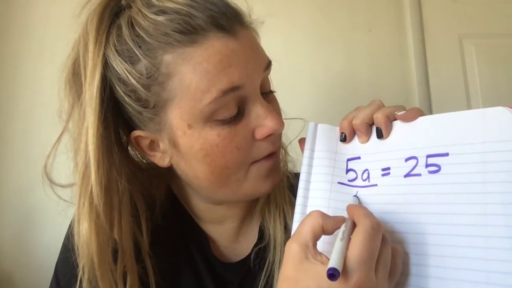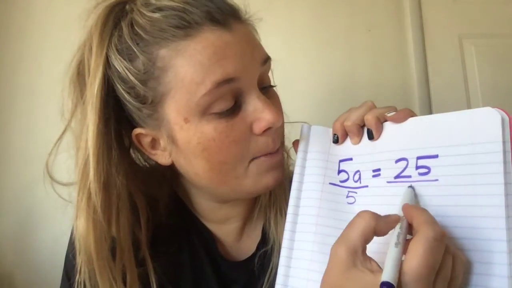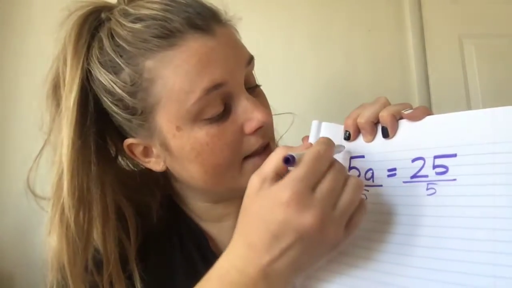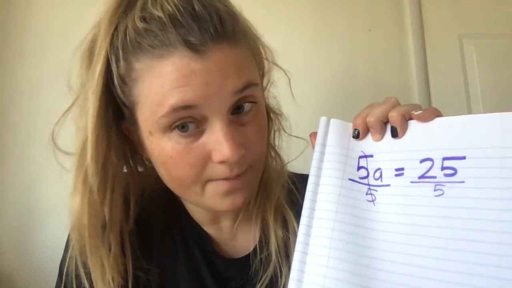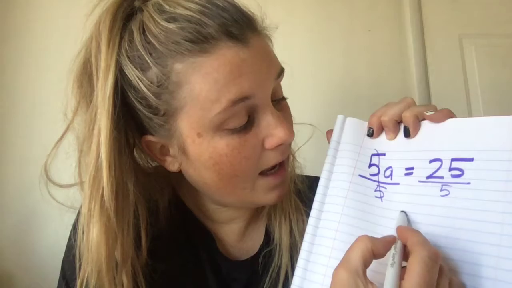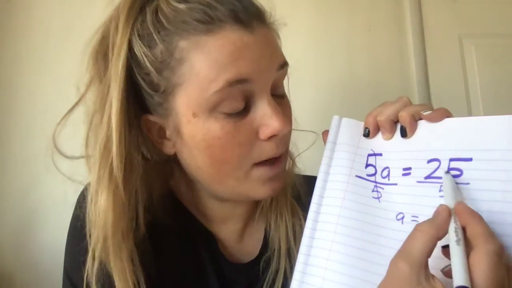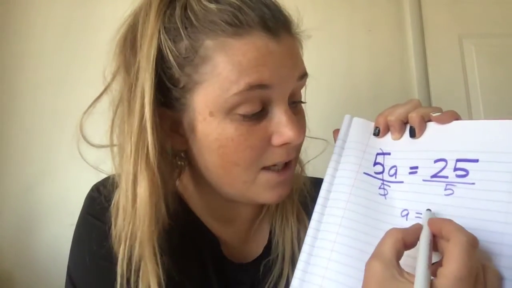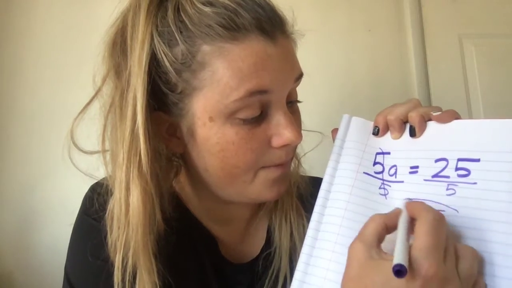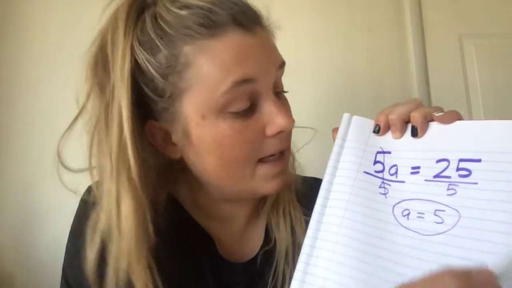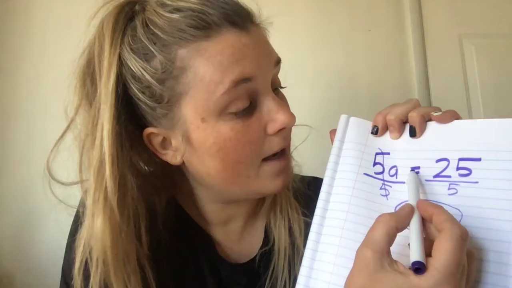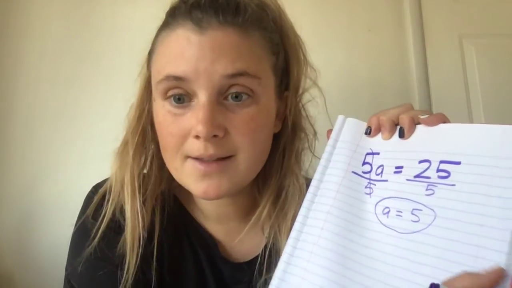Divide by 5. This is going to get rid of that 5 right there. So now we have a equals 25 divided by 5, which equals 5. Now we make sure, does that make sense? 5 times 5 equals 25. It makes sense.